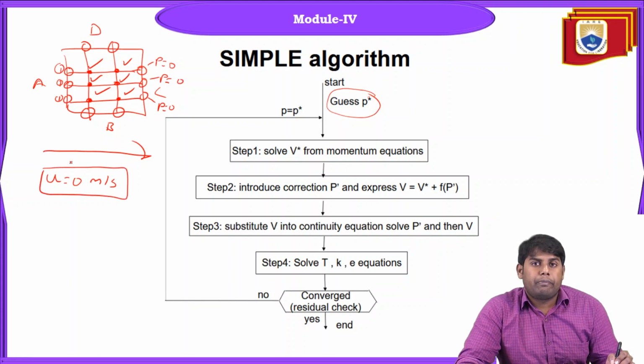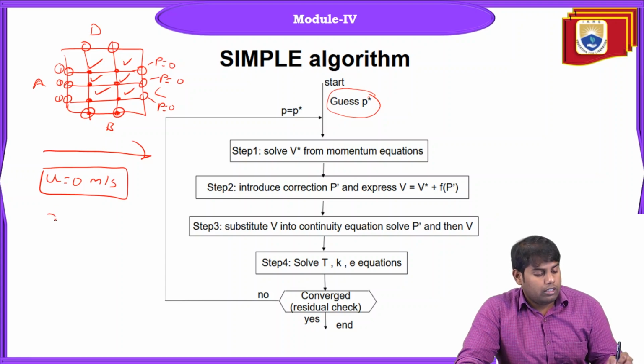We are specifying the value at the boundary point. Let's say at boundary B, at this point we give the velocity as 0, and at this point also 0. If we specify the value directly, that sort of boundary condition is called the Dirichlet boundary condition.